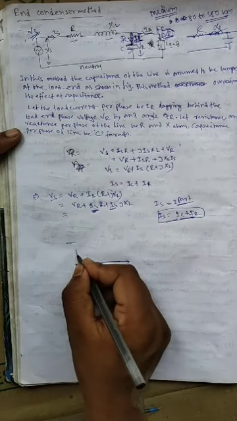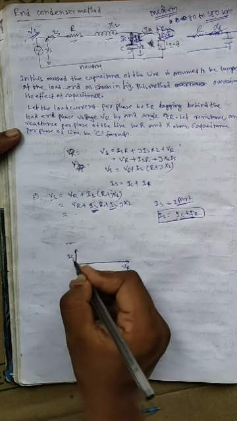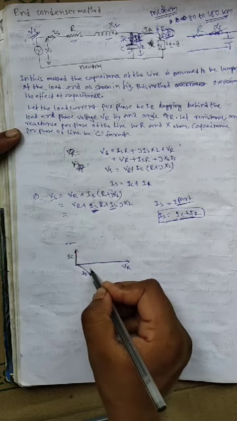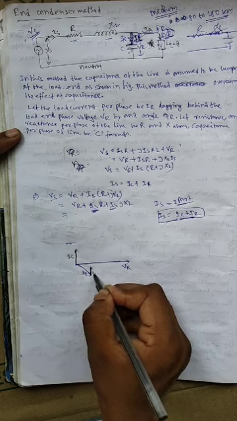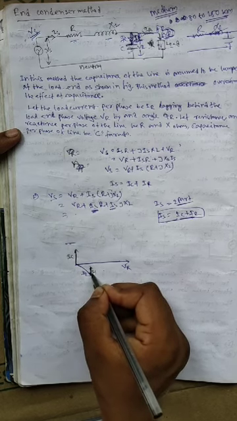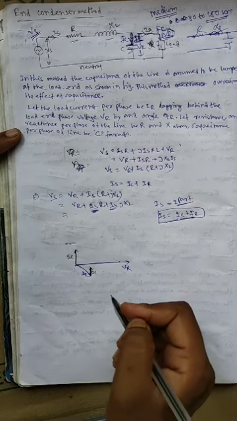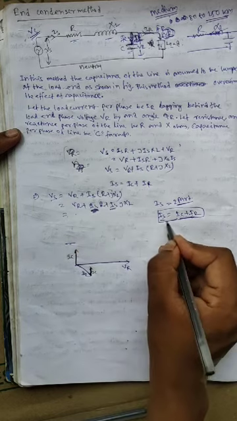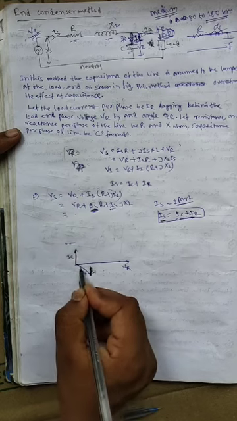This is the IC current, and this is parallel, so we take it here. This is the total IC. Here we also take the IR current. The sending end current Is is the addition of IC and IR, that means IC plus IR.